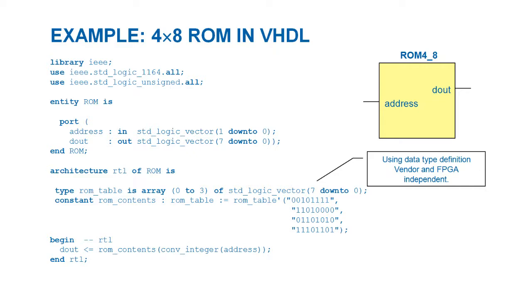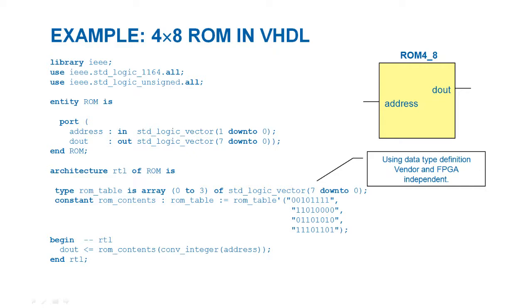So we have a constant ROM content of type ROM table, which we have just defined, and we say that each location should have this kind of data in it. So we assign data to it at the point of creation.